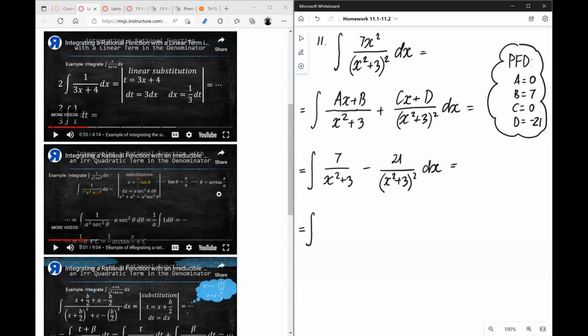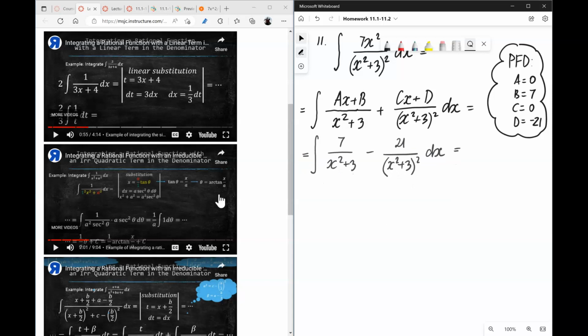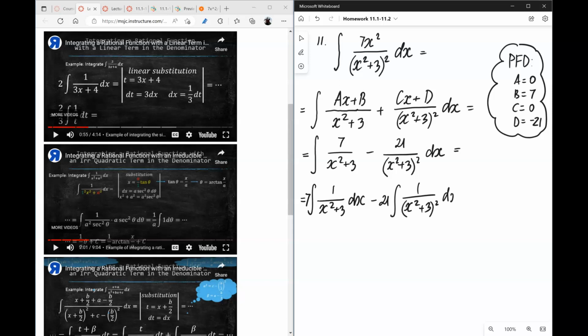Well, actually, let me take my time here to rearrange things as well. So when I refer to the first integral, I mean this integral. So this problem is 7 over square root of 3 arctan of x over square root of 3.